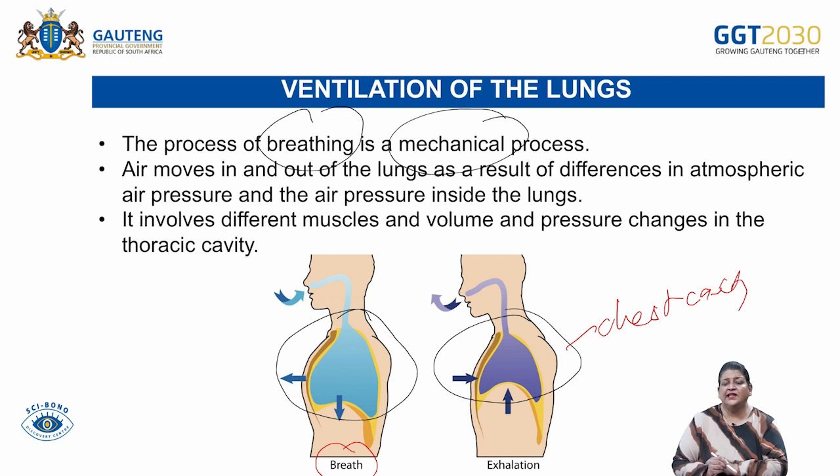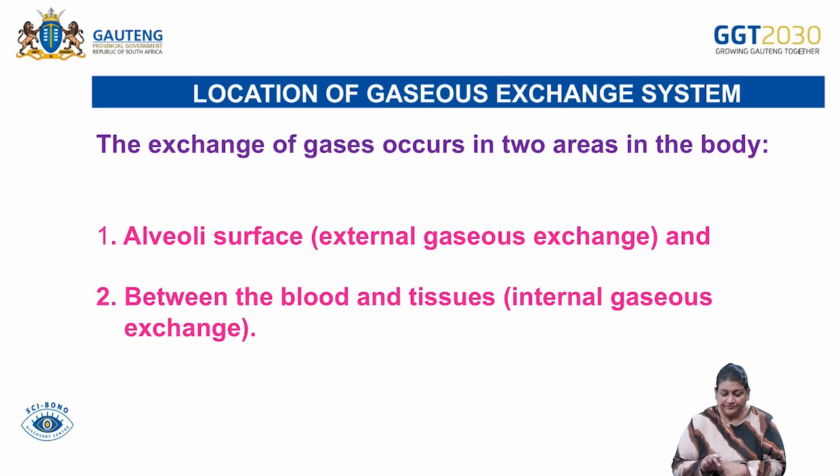So this first slide is basically telling you that ventilation involves inhalation and exhalation. And what is it? It's a mechanical process, and it's responsible for the movement of the lungs because of the thoracic cavity expanding outwards when you inhale, and the thoracic cavity decreases in volume when you exhale to force air out of the lungs. All right.